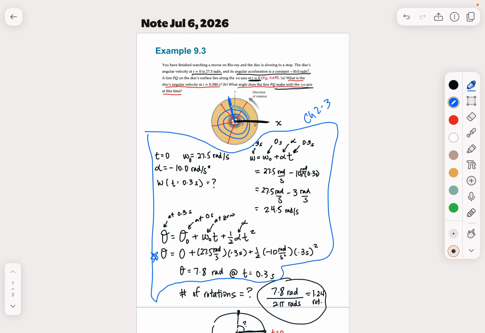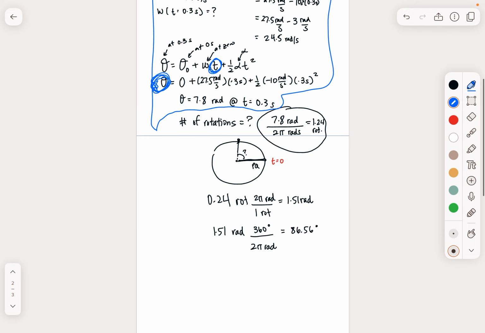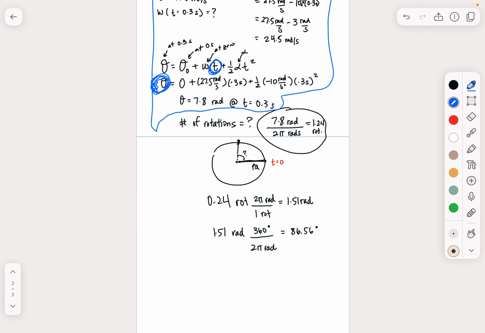In the theta equation, there is no XY position dependence, right? It's only time. So we had to plug in the time, 0.3 seconds. And what we got out of that is how much total travel occurred over that period of time. But what part B wanted to know is, what angle does it make with the x-axis at this time, right? Which is not the full angle that was made during that 0.3 seconds.